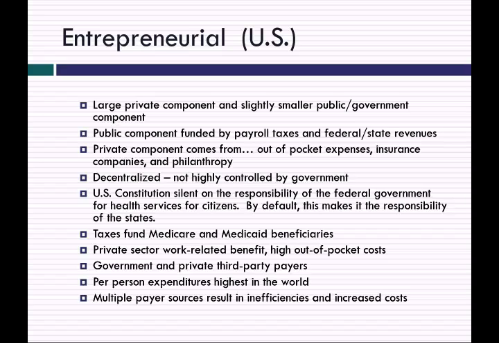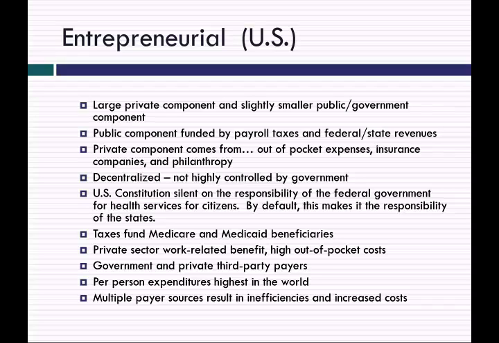The governmental portion of the entrepreneurial system is funded through taxes, and this funds the Medicare and Medicaid programs. The private sector is a work-related benefit: you work for an employer and receive health insurance as a benefit through that employer.